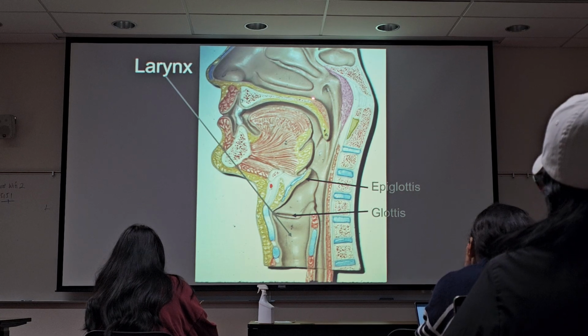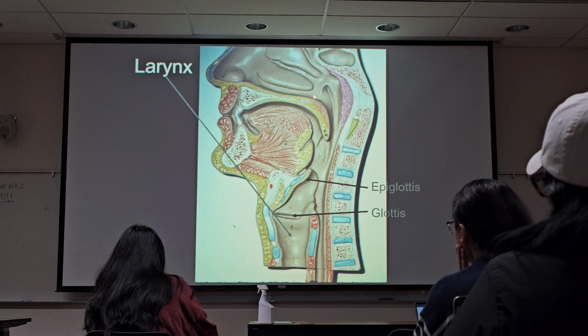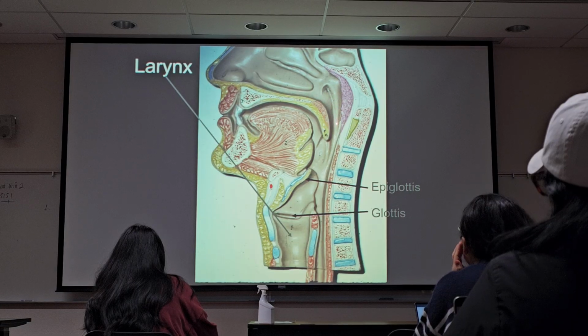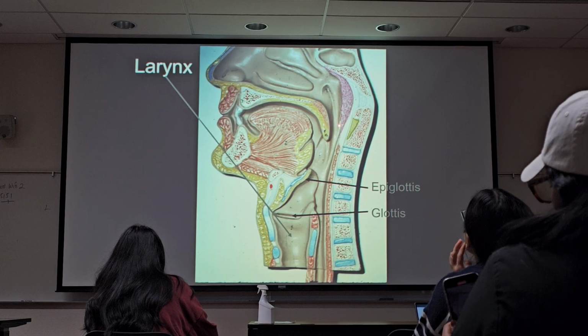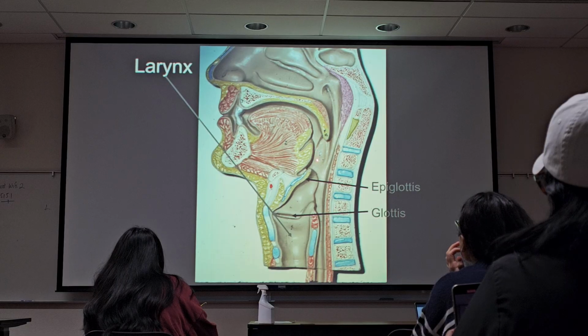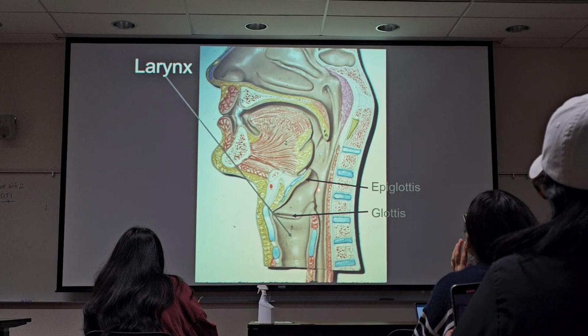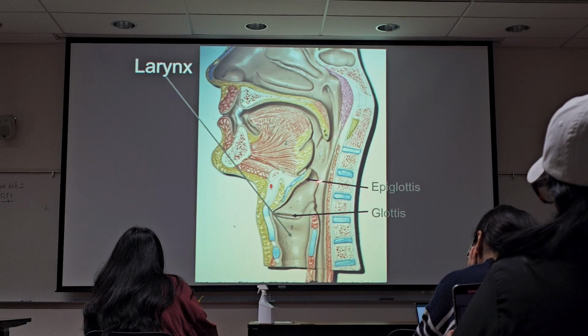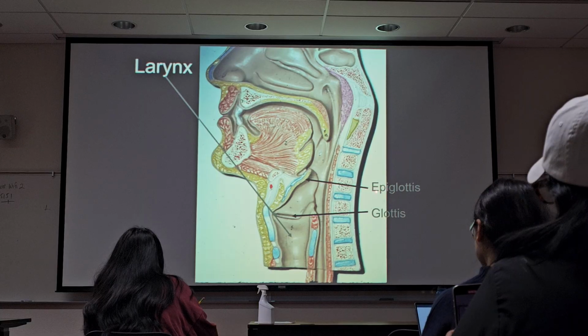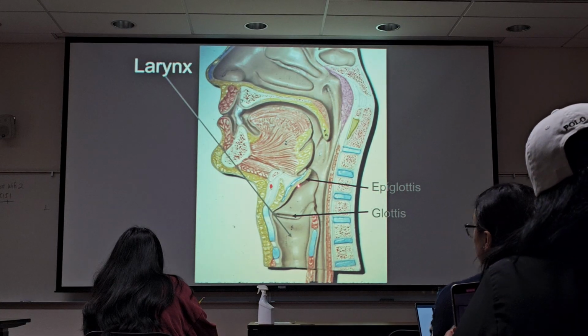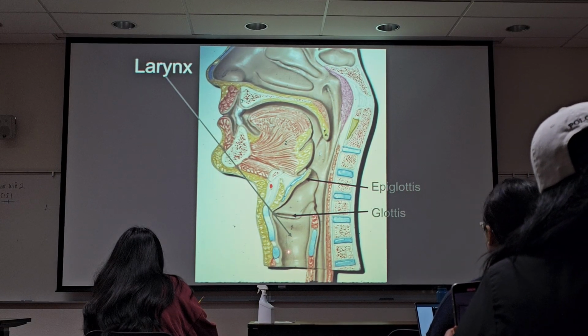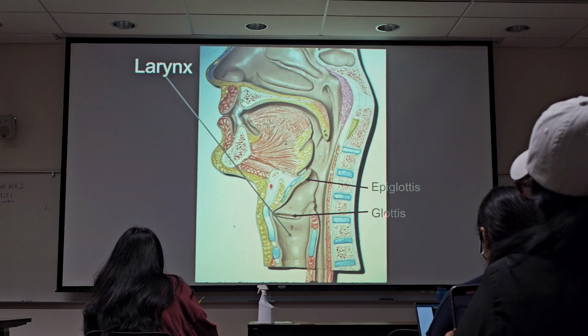And then we leave the internal nares into the nasopharynx, down to the oropharynx. Now we're in the laryngopharynx. And here, as long as the lid to the larynx is up and open, that lid is called the epiglottis, we will head down into the larynx. Its opening is called the glottis.